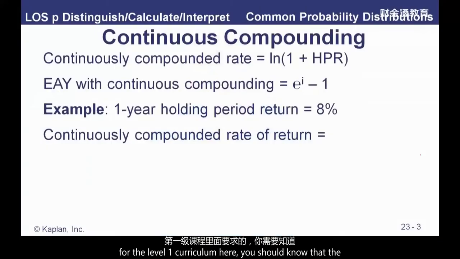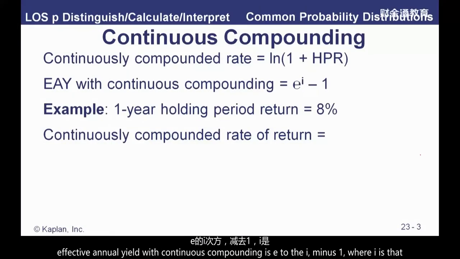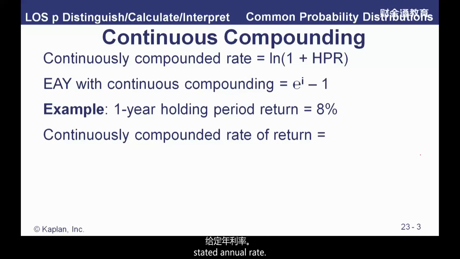Okay? You should know that the effective annual yield with continuous compounding is e to the I minus 1, where I is that stated annual rate. So if the stated annual rate is 8%, we'd put 8 there. But in our example, we're given an effective return. That's not a stated annual rate. It's a 1-year holding period return of 8%.